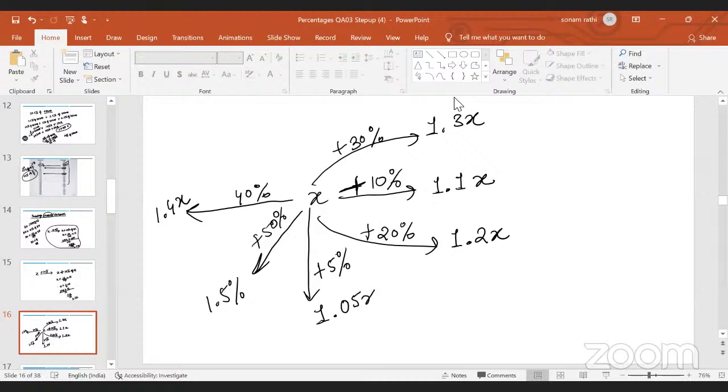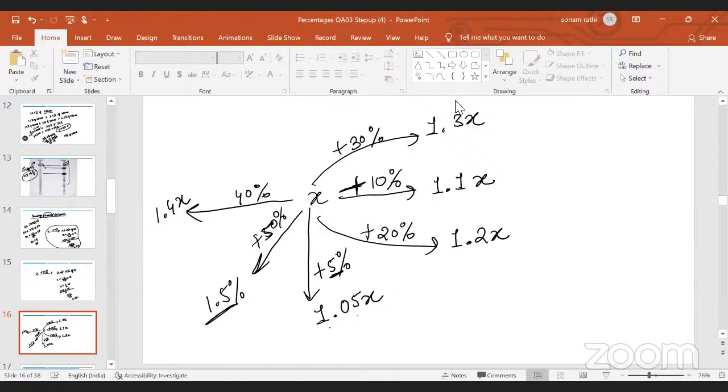1.05x. If it is single digit, you will put a 0 after the decimal. Yes, because when you're increasing with 50%, it will become 1.5. But when you're increasing with 5, it will become 1.05.